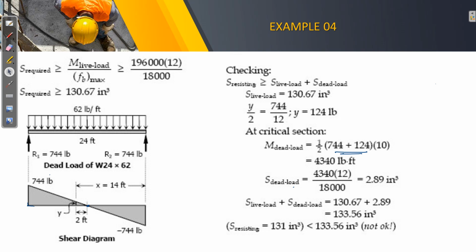So this time it has already exceeded the S required, which is supposedly 130.67. So the value 133 is already greater than your required S.